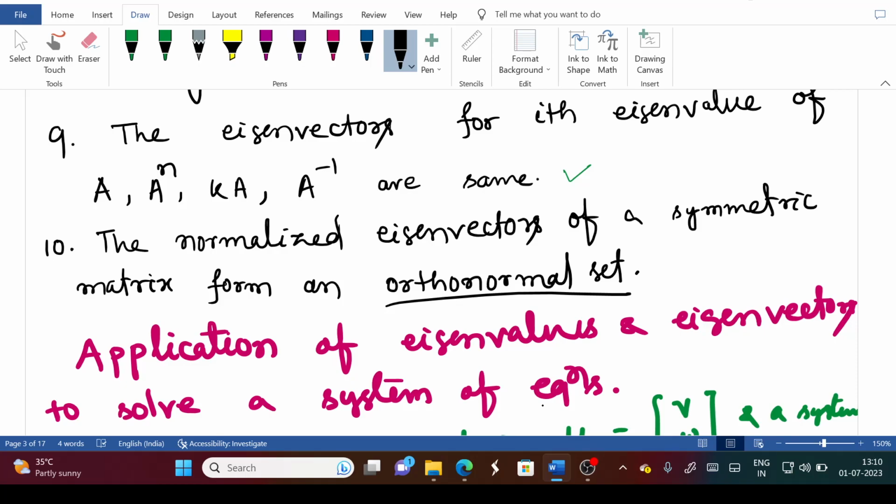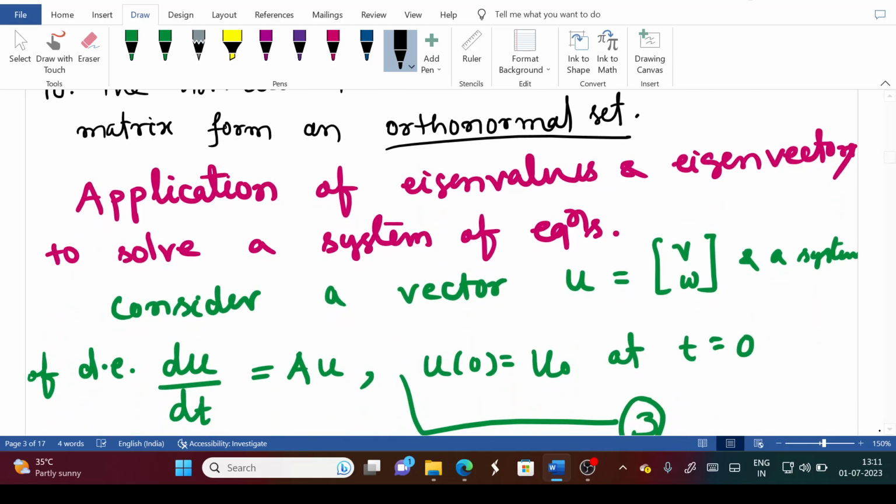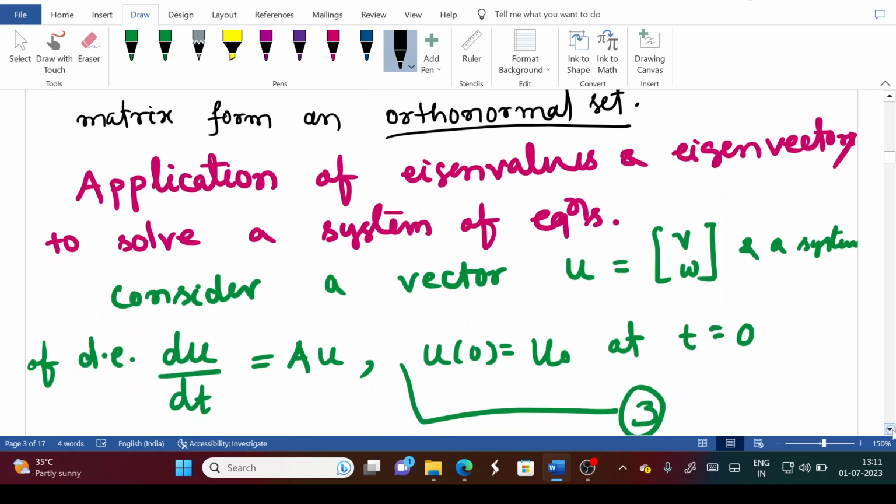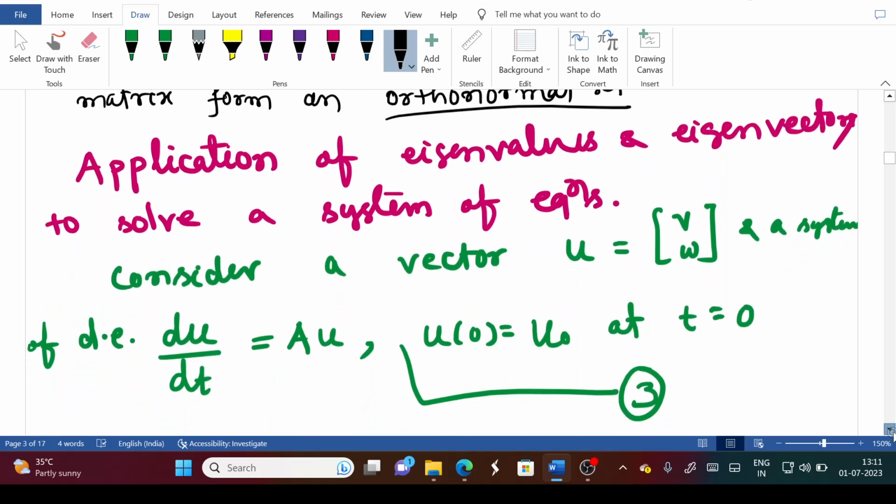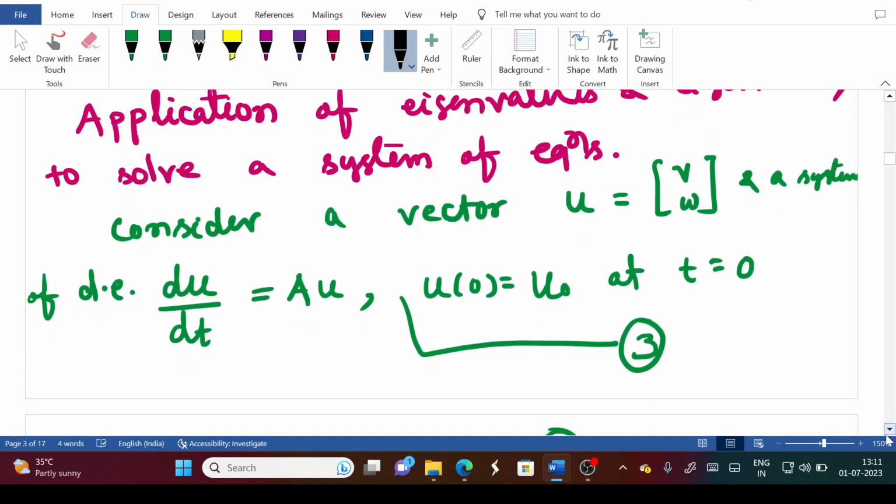In case of a real matrix, it is orthogonal, and in case of a complex matrix, it is unitary. If it is real unitary, then it is orthogonal. If it is real Hermitian, it is symmetric. If it is real and skew Hermitian, it is skew symmetric. We will discuss Hermitian and skew Hermitian later in the video or in the next video, according to the duration it is taking.